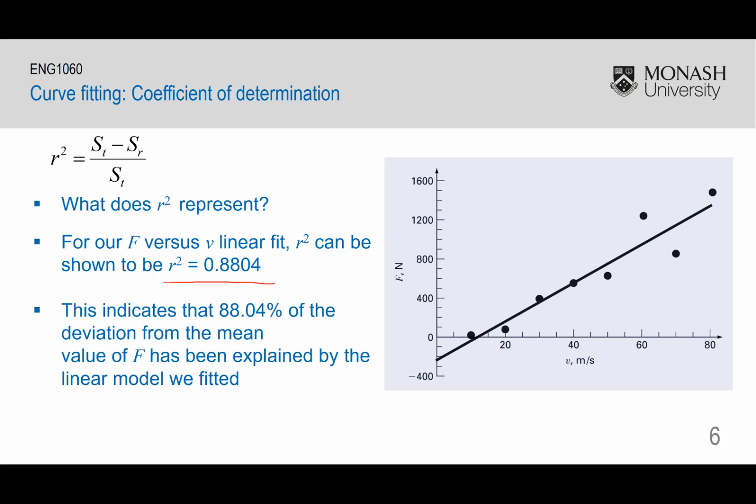What this is telling us is that 88.04% of the deviation of the data from the mean value is explained by the linear model that we fitted. There's another approximately 12% that isn't explained by the linear model and actually arises from some other cause. So it's giving us an indication of how much better the straight line fit is to simply using the mean.